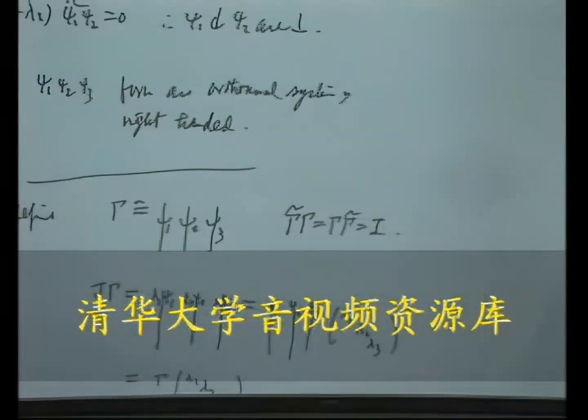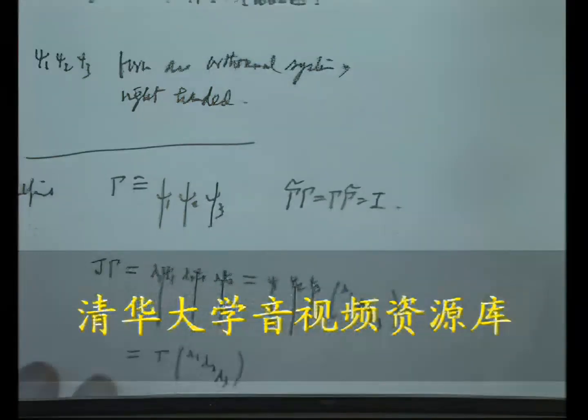This is a fundamental theorem now. It is that if you have a real symmetrical matrix J, we have now found an orthogonal matrix gamma such that gamma tilde J gamma is diagonal. This is called diagonalization.